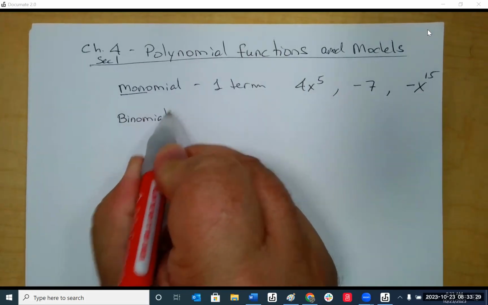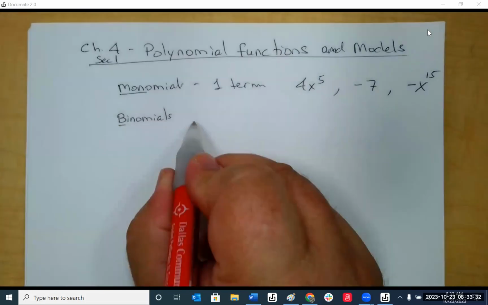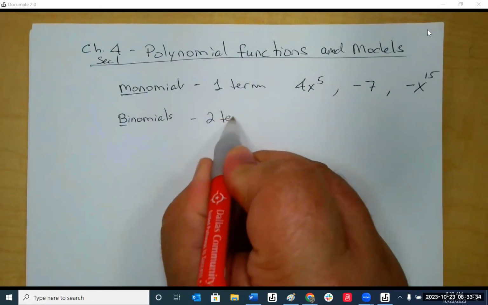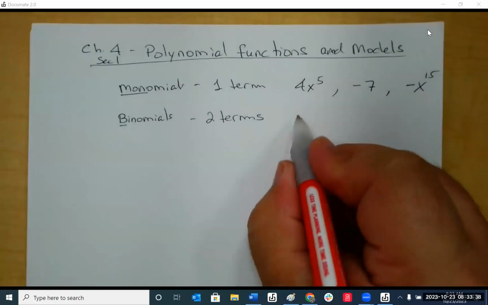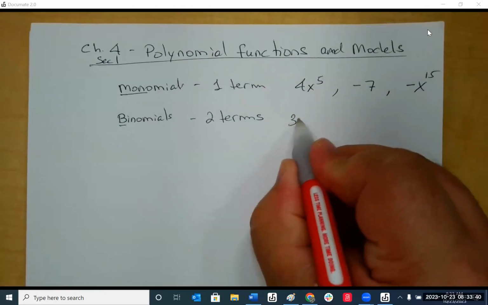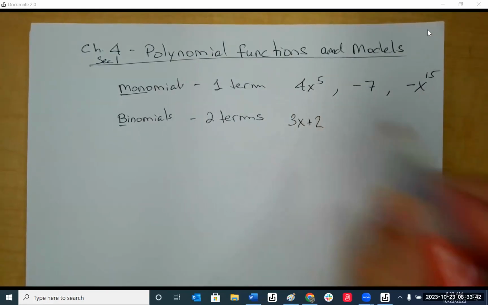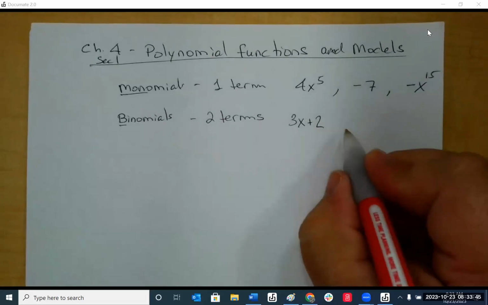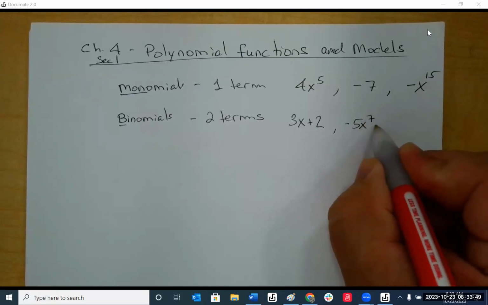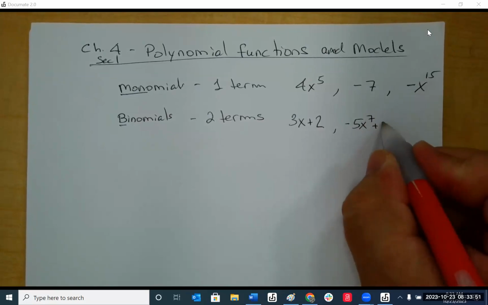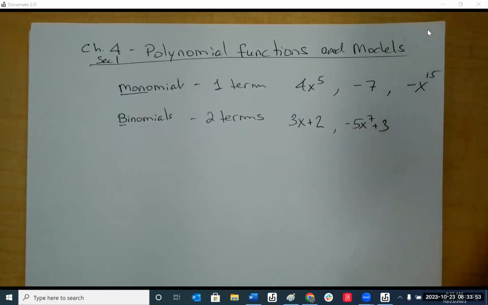Binomials. Bi means two, so it has two terms. 3x plus 2, or negative 5x to the 7th plus 3x. It could be anything, as long as you only have two terms. They could look like anything.